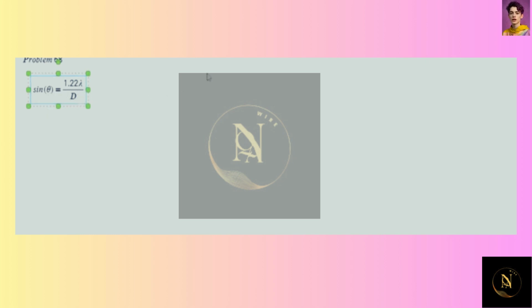So if we are looking at objects on the size of atoms, or atoms themselves, let's treat the atom itself as a source of the light coming to our device. So if we treat the atoms themselves as our source of light, or our aperture, we can say that capital D is on the order of 1 angstrom, which is equal to 10 to the negative 10 meters.